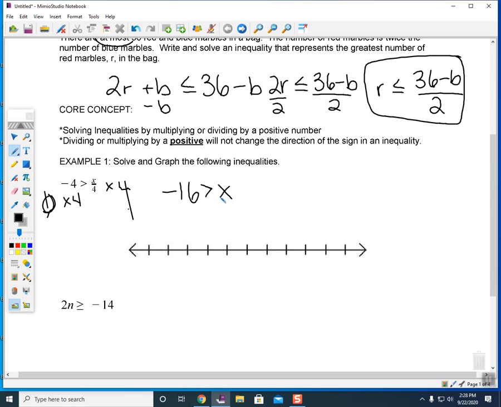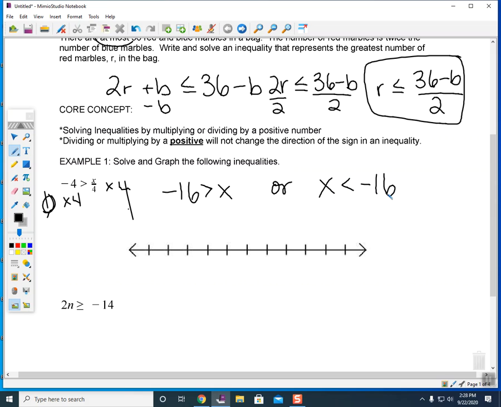Now, this is the part where people have gotten a little bit confused. When I go to graph this, a lot of people would intuitively say this is a greater than sign, so my arrow needs to point to the right. But that's not what's happening here. If I rewrite this with x on the left-hand side, then I need to flip my sign.